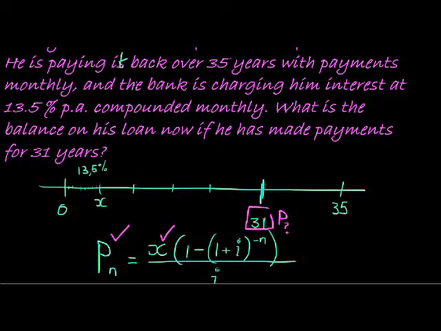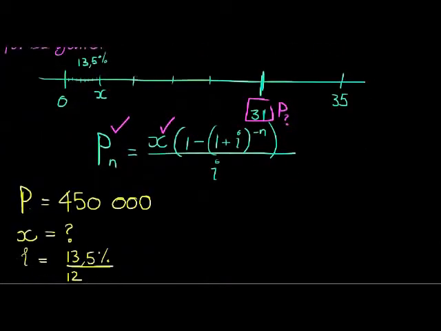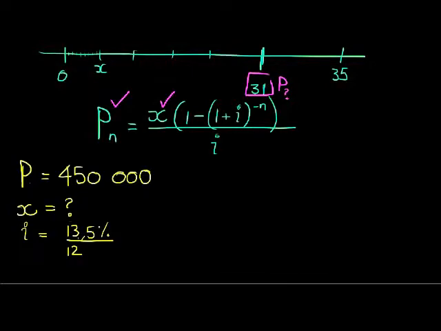Very important. He is making payments monthly. So we know there's 12 months in a year, so he's getting interest not at 13.5%, but at that divided by 12, and also divided by 100 because we're working in a percent there.